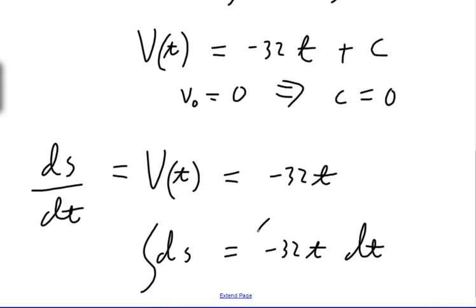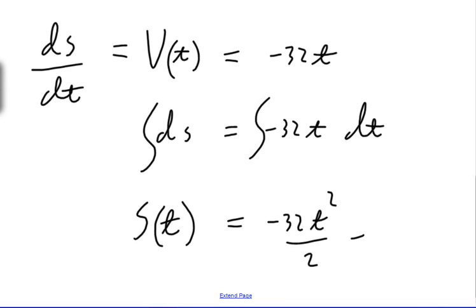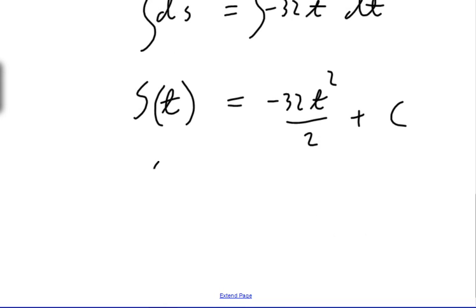So now I've got the change in distance is minus 32t, change in time. I integrate both sides of the equation. I get my position at time t is equal to minus 32 t squared over 2 plus some constant of integration again. What is my position at time 0? 100.